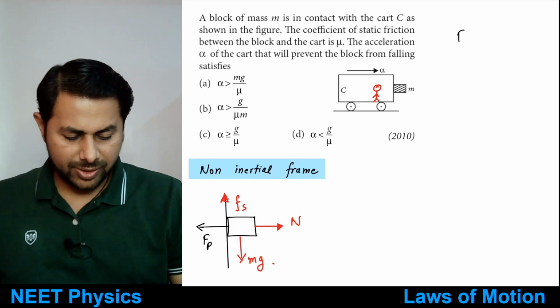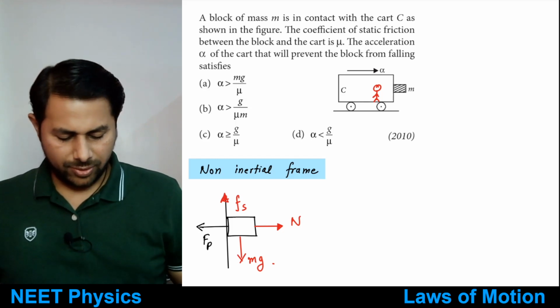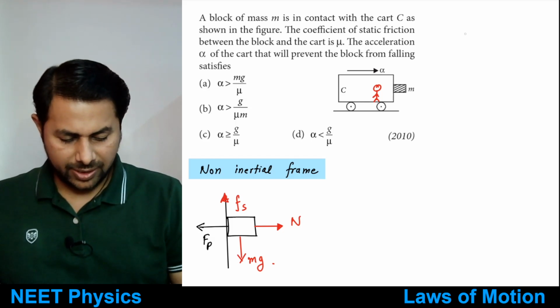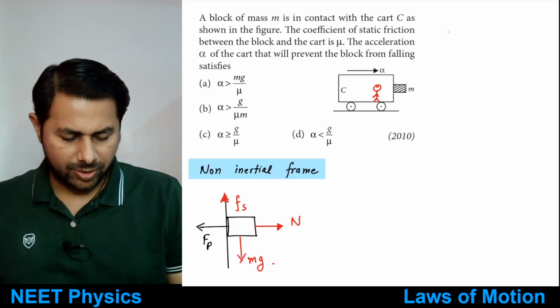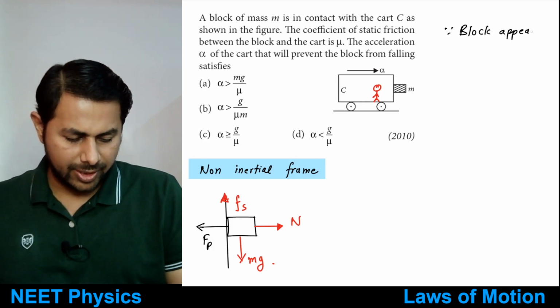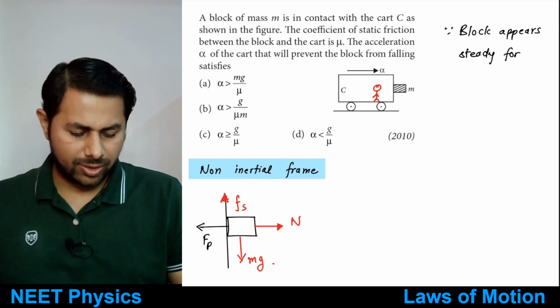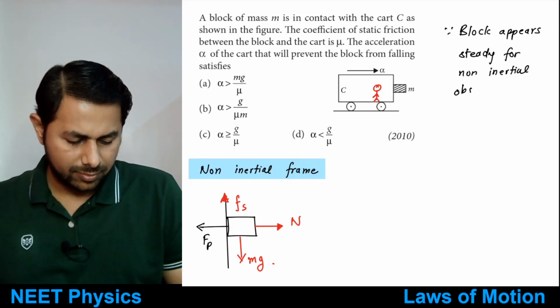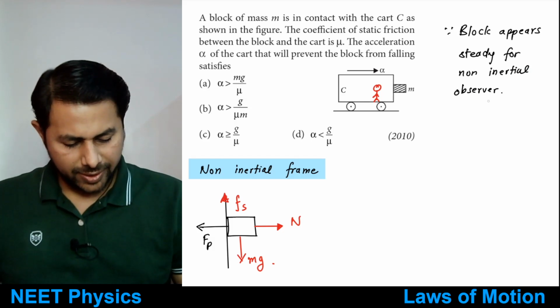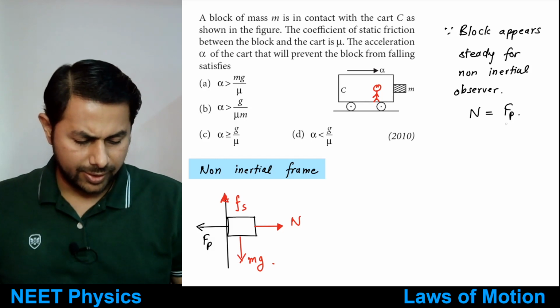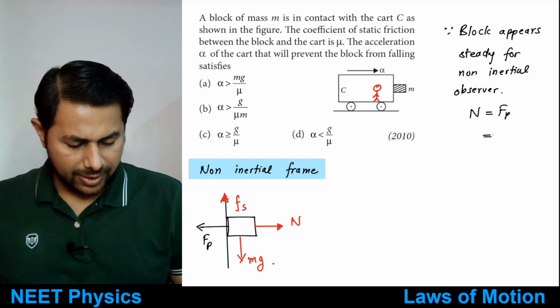And what is pseudo force? Since the block seems to be steady for this person, since the block appears steady for the non-inertial observer, you can say that the normal reaction is just equal to the pseudo force, and that is just equal to what?